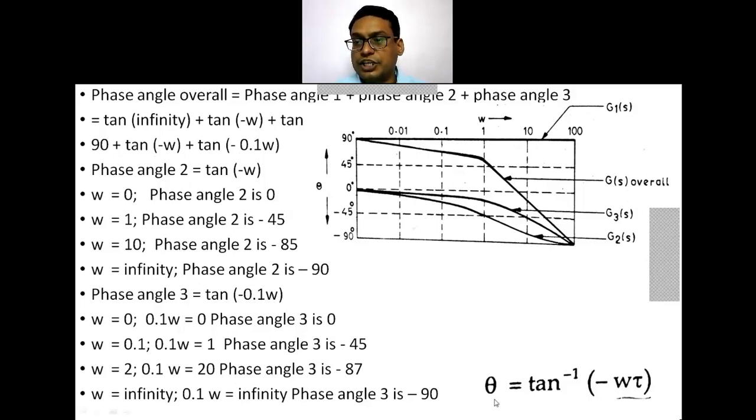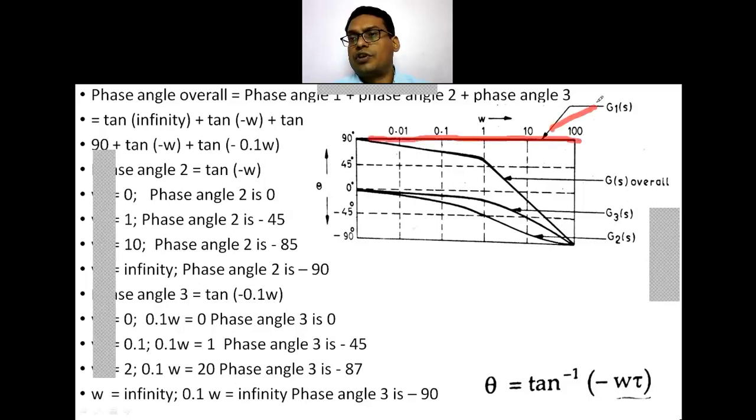Our formula is theta equal to tan inverse of minus omega tau. So the phase angle for the first is 90. So we can draw a phase angle of 90 for the first transfer function G1(s), which is only s.